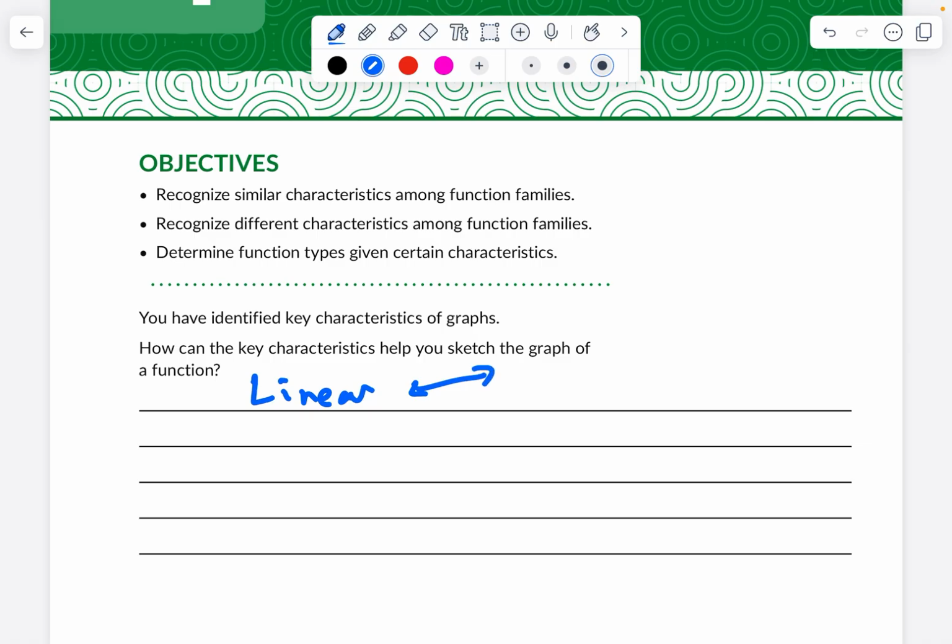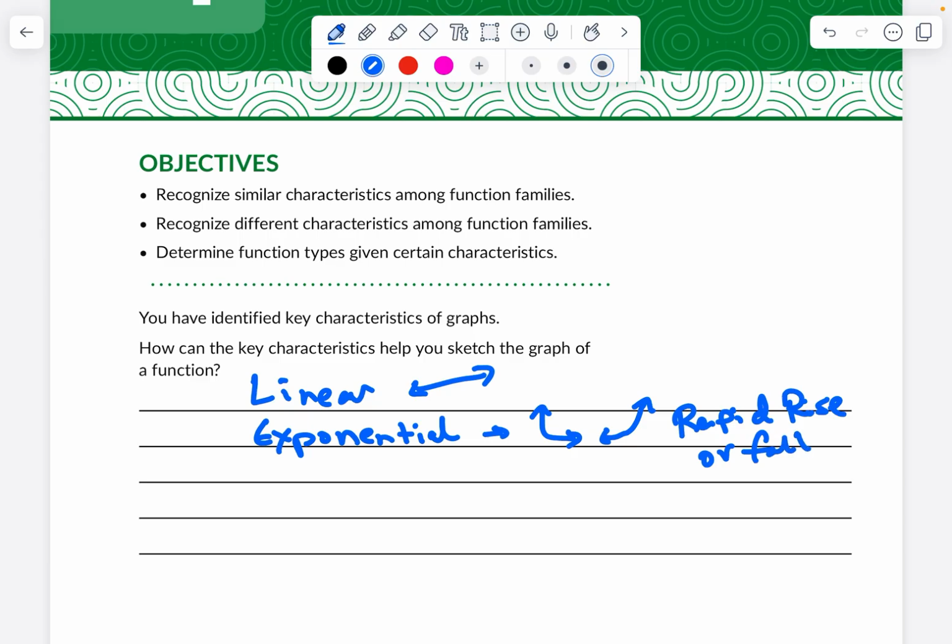We know that if we have an exponential function, it is rising or dropping very rapidly. And it's going to be a curve. So it could kind of look like this, or it could look like this. But as we move left to right, it is a rapid rise or fall.